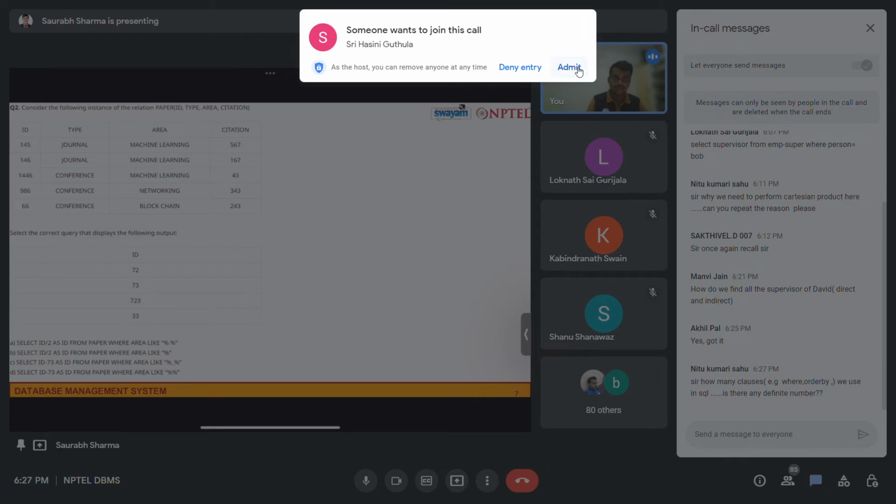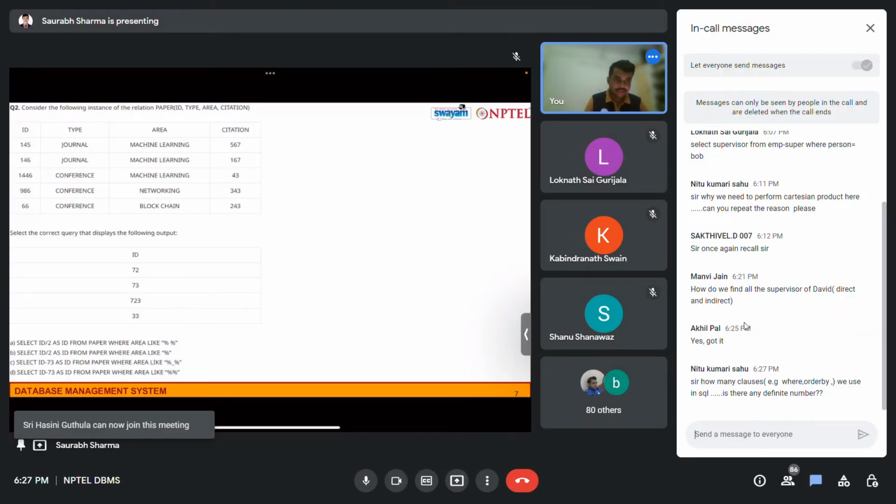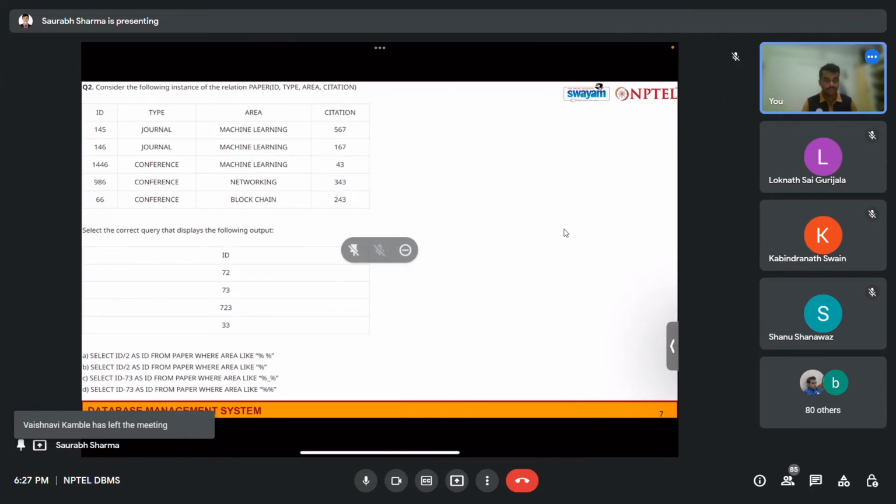I will not commit, but I don't think there is a definite number, because as different advanced versions of SQL come into action, they keep adding functionality. If anyone has a proper answer, you can comment on chat.